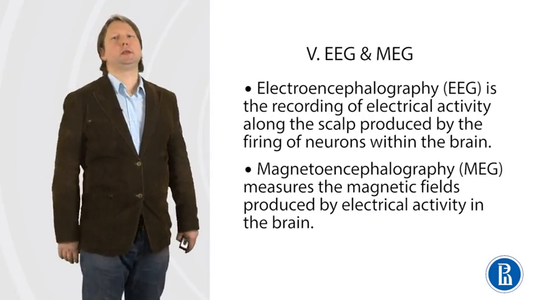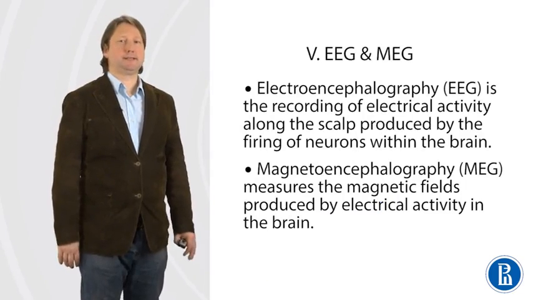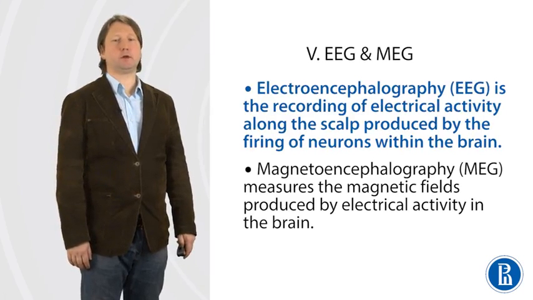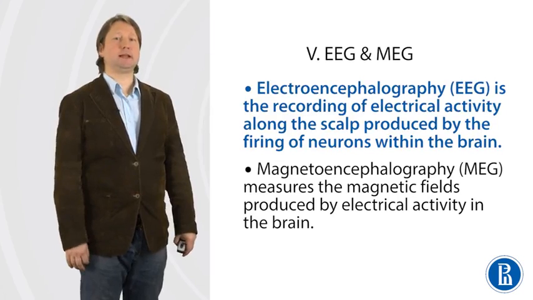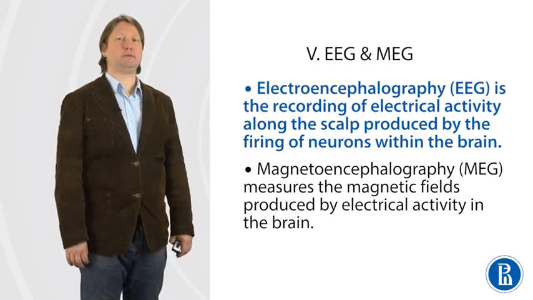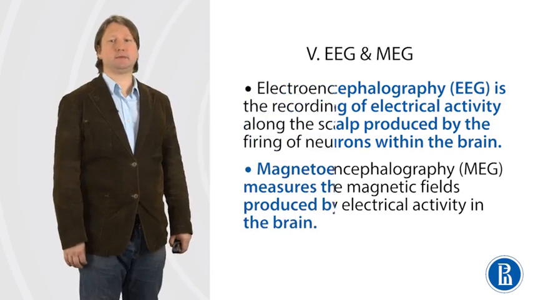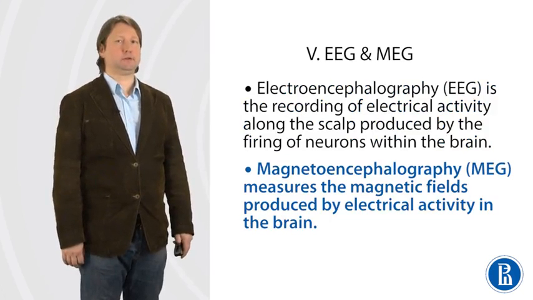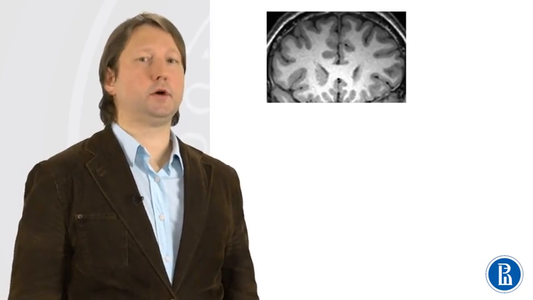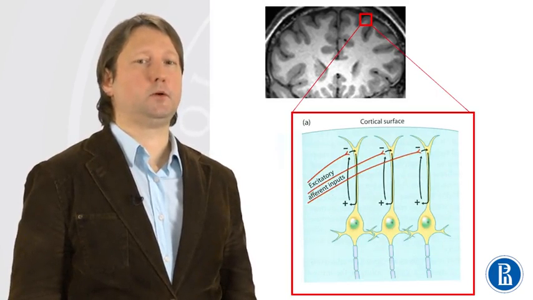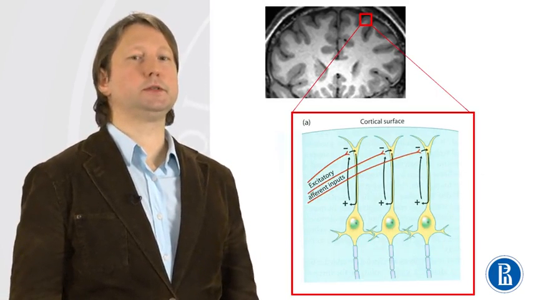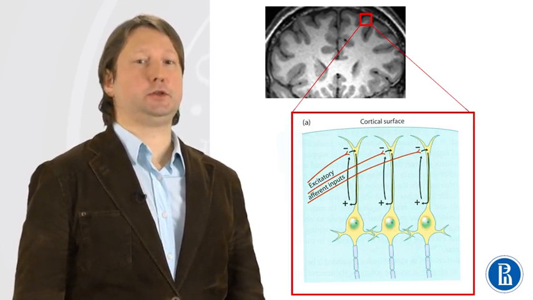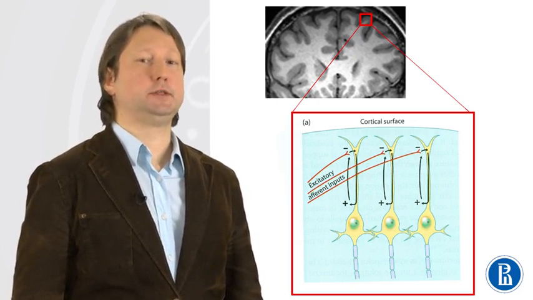We can also use EEG and MEG to study the activity of large portions of the human brain. Electroencephalography is sensitive to the electrical activity produced by the firing of neurons, and magnetoencephalography is sensitive to the magnetic fields produced by active neurons. The neurons in our cortex are highly organized. Large groups of neurons can be seen as dipoles, negatively charged on top and positively charged in the middle.